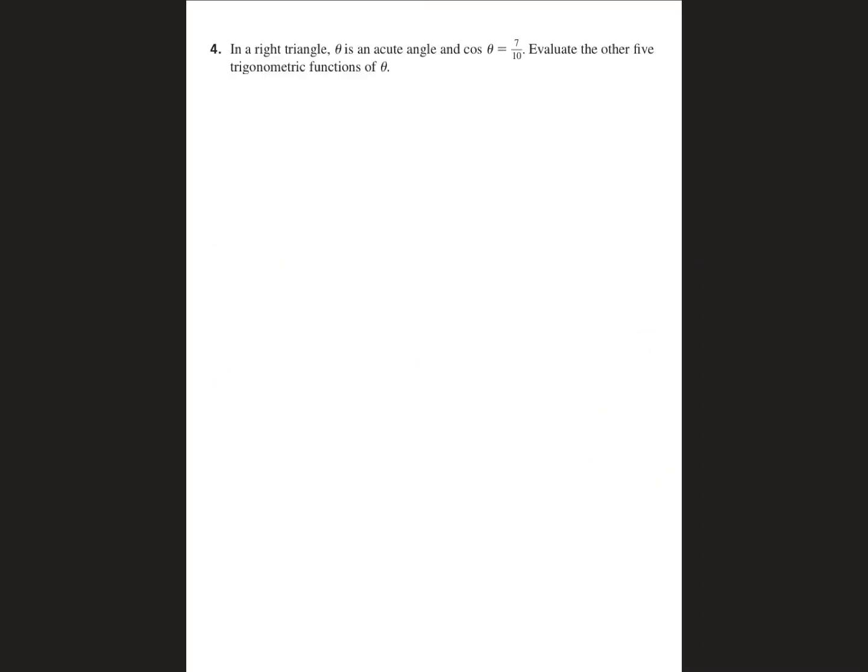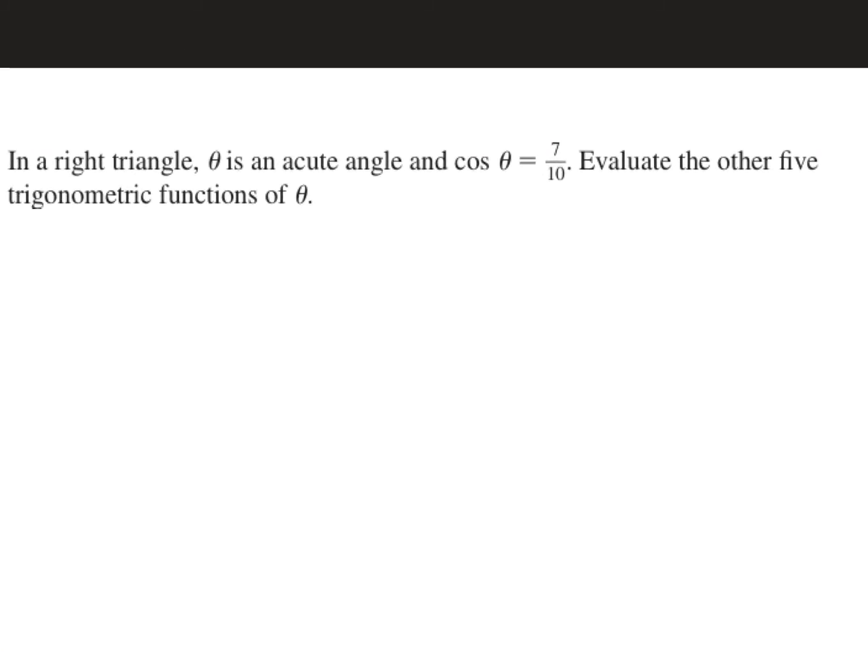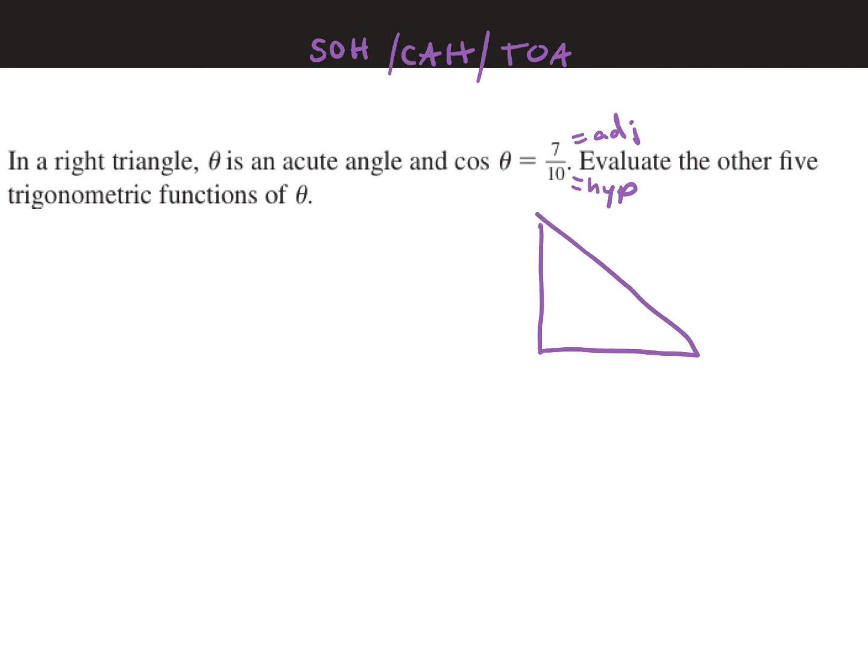All right, so here it gives us cosine is equal to 7 over 10, and we have to find the other 5 trig functions. So cosine is what over what? Adjacent over hypotenuse. So SOHCAHTOA. So we could draw our triangle if it helps you. Let's say our theta is down here.